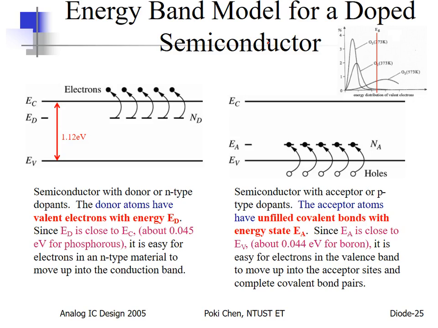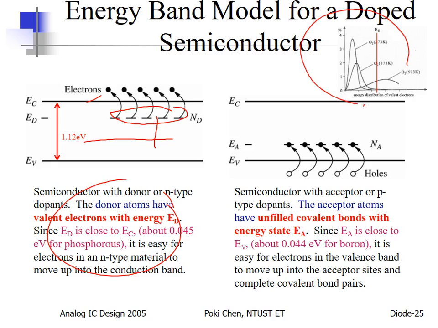Anyway, this is a more accurate explanation. After n-type doping, the Fermi level will be increased very, very close to the conduction band.